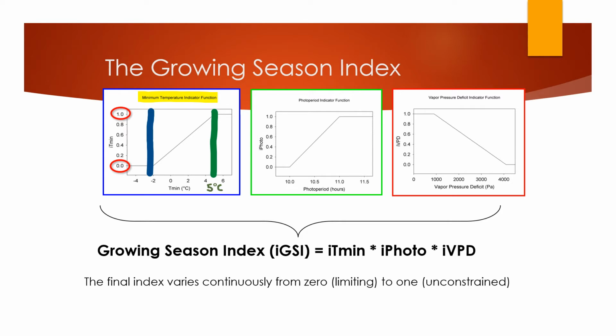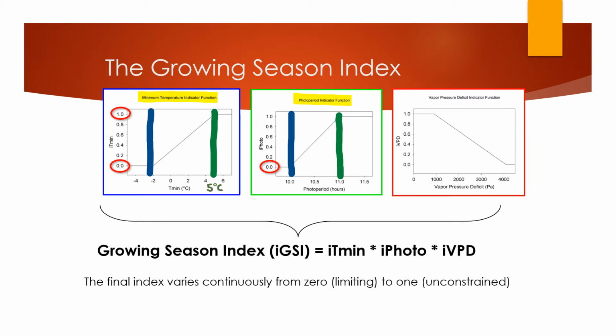So the same works for photoperiod, that we know through an examination of the literature that plants really respond in a range of about 11 to 12 hours for photoperiod. But below 10 hours is just not enough light for plants to be happy. So at any photoperiod below 10 hours would get an indicator value of 0, and any photoperiod above 11 hours would get an indicator value of 1.